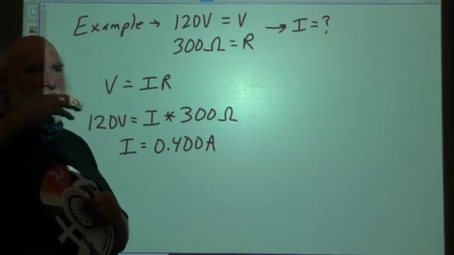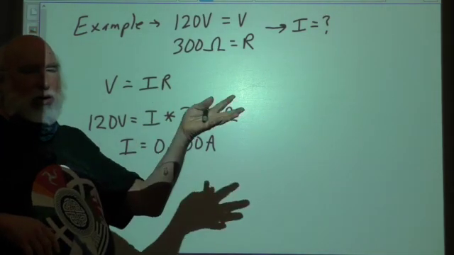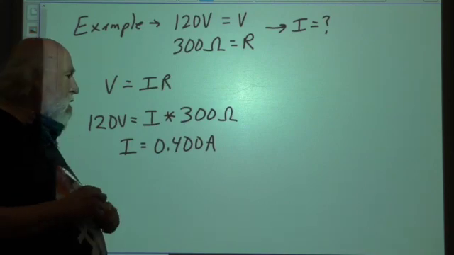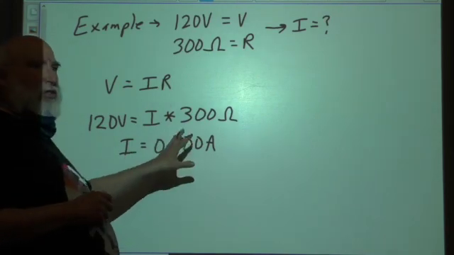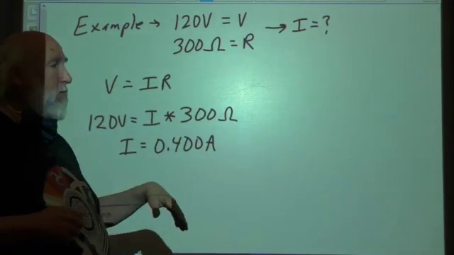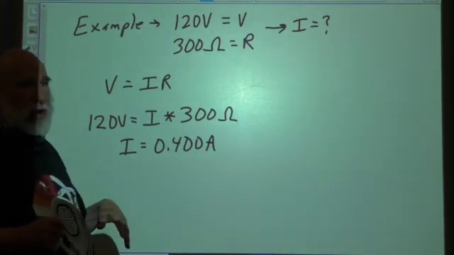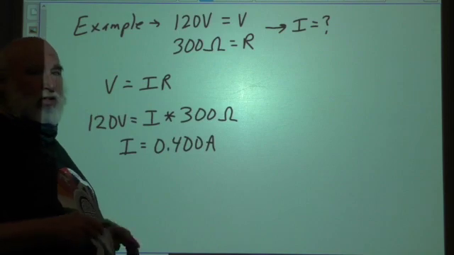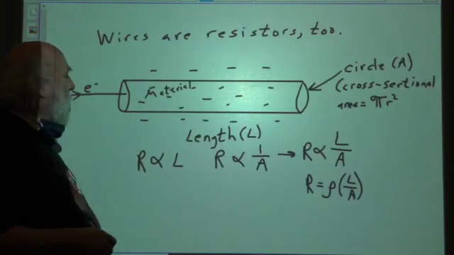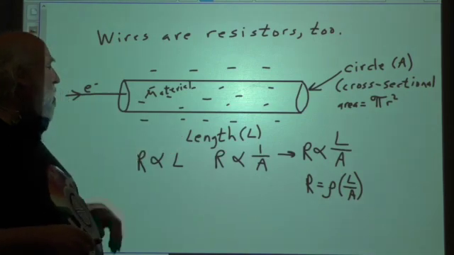And there are aspects of that circuit that will have higher current than other aspects, depending on which kind of setup you have. But this is generally about right. 0.400 amps is still a lot of current. And the last thing you want to do once you get it right is stick a fork in it, because that'll kill you.